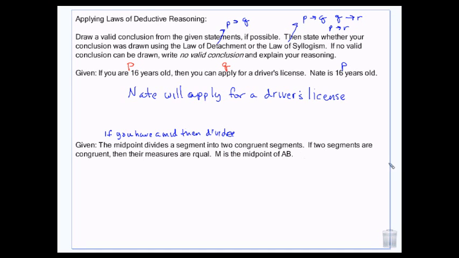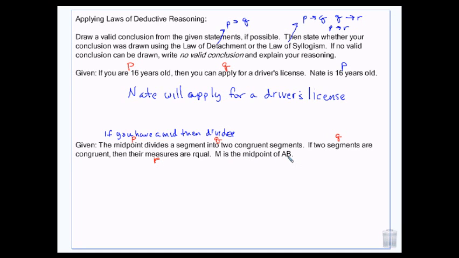Does that make sense? So that makes the midpoint part my P, the dividing into 2 congruent segments my Q. If 2 segments are congruent, then their measures are equal, R.